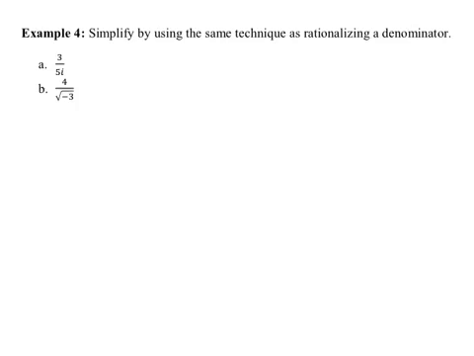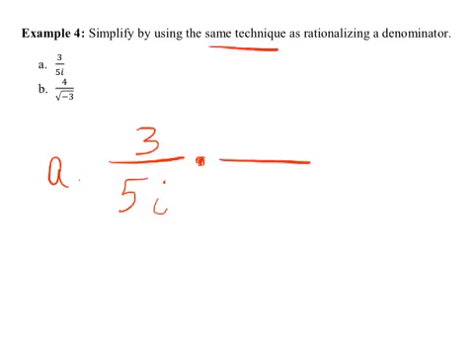Radical positive 3 over radical positive 3? Yeah, okay. So now I want to get rid of an I in the denominator. What should I multiply the top and bottom by? Radical positive 3I? Close. You're on the right track. No radical needed. It's the same technique, but there's no radical here. Oh, for A, yeah.